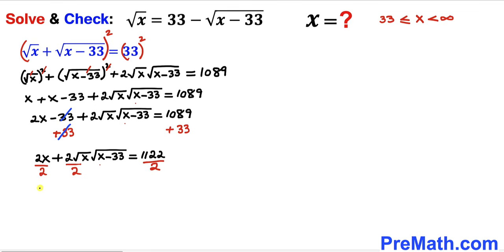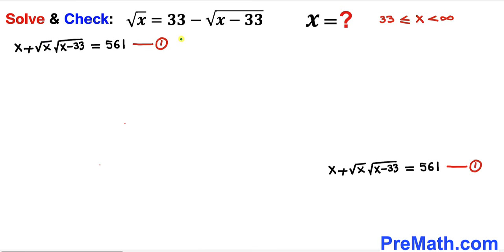So therefore we end up with x plus square root of x times square root of x minus 33 equals 561. And I'm going to call this our equation number 1. So thus we end up with this equation 1, and now we are going to solve for x value.